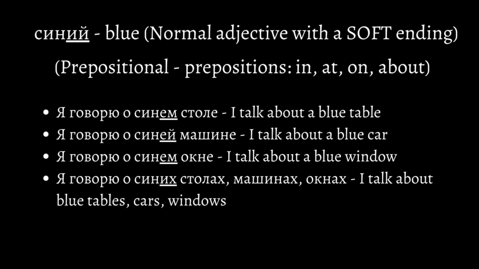Я говорю о синем столе, я говорю о синей машине, я говорю о синем окне, and я говорю о синих столах, машинах, окнах. The endings once again perfectly match the adjectives and nouns because they're all in the prepositional.